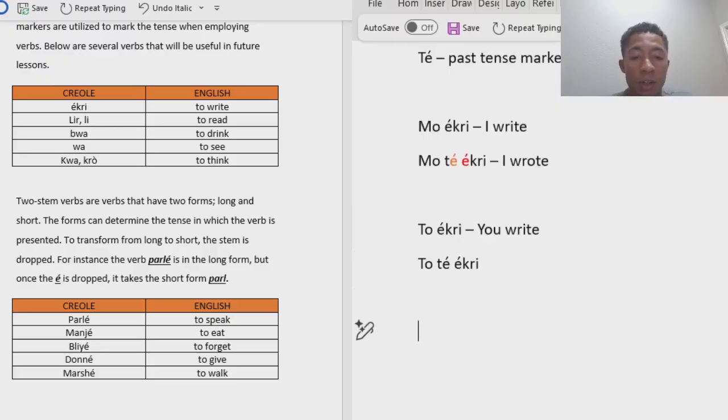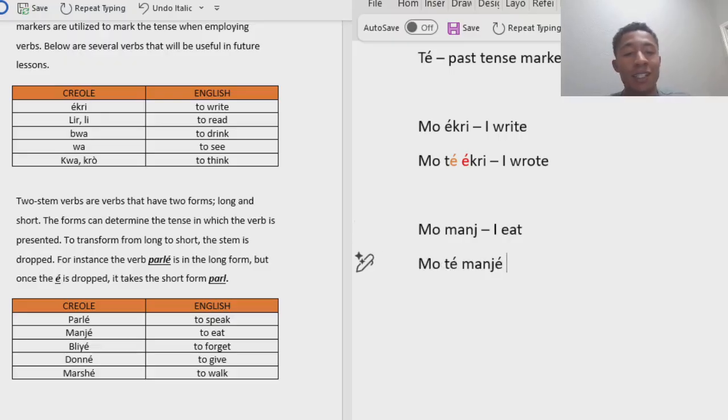Now, for your long stem, for instance, you have mange, so mo mange. You can also use te, mo te manger. How often? Well, we'll see, because I actually just started these lessons today. Mo te manger. So I ate.